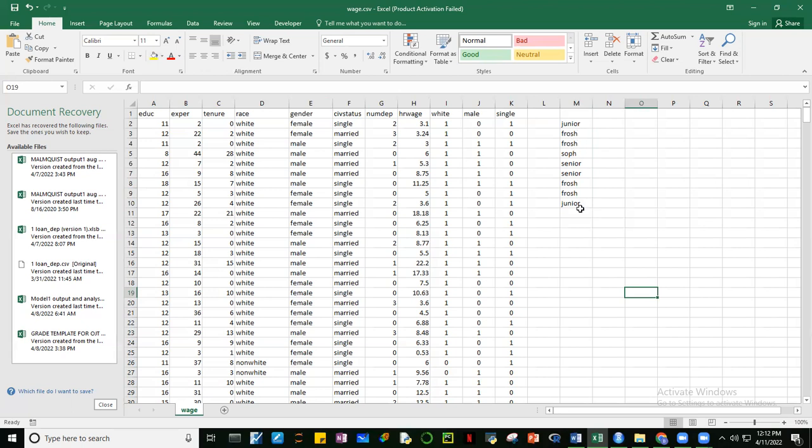Sir, although in R, I think hindi niya ginagawang ganun. Kasi before we did multiple regression with R, pinaghiwa-hiwalay niya, like Frosh, sophomore, then senior. Then naging baseline niya yung 0, then tigi-isa po siya.